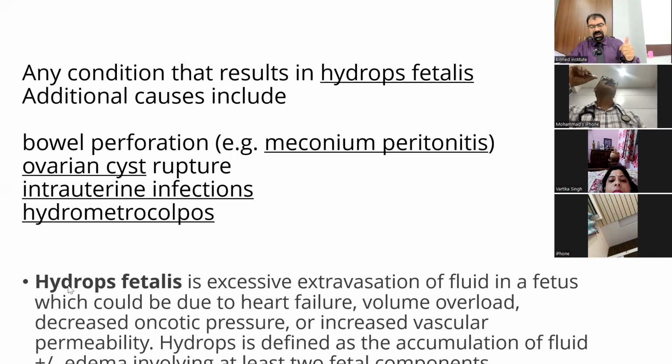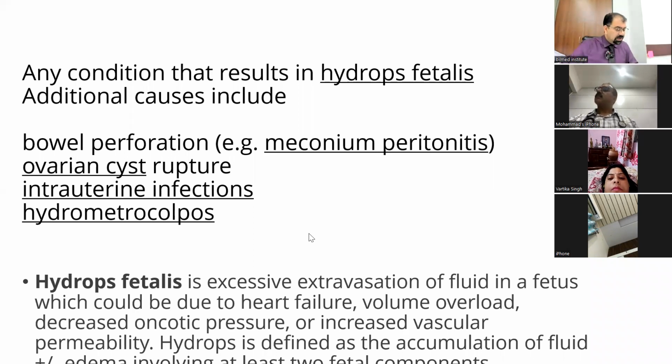Now, what is hydrops? Hydrops fetalis is an excessive extravasation of fluid, which could be due to heart failure, volume overload, decreased oncotic pressure, or increased vascular permeability. So the point here is that the main cause is any condition which leads to fetal hydrops.